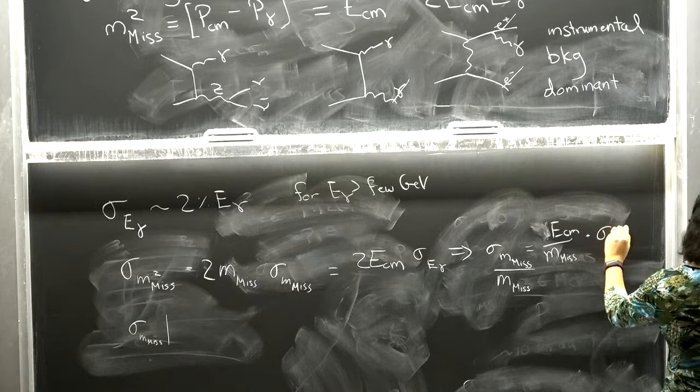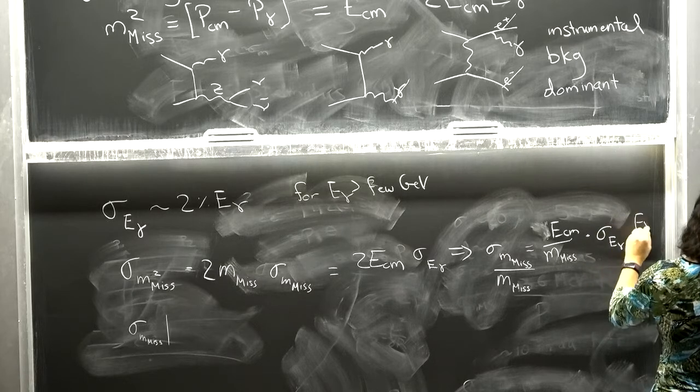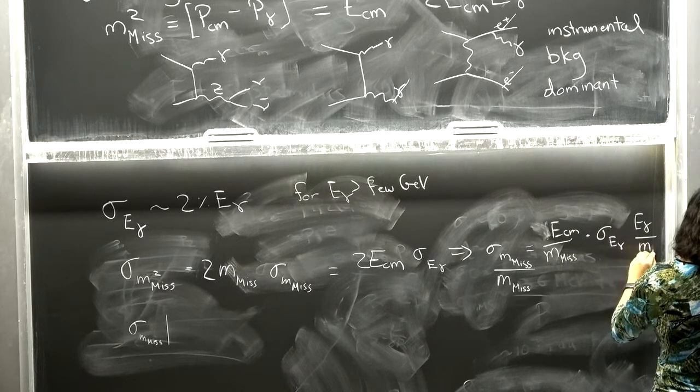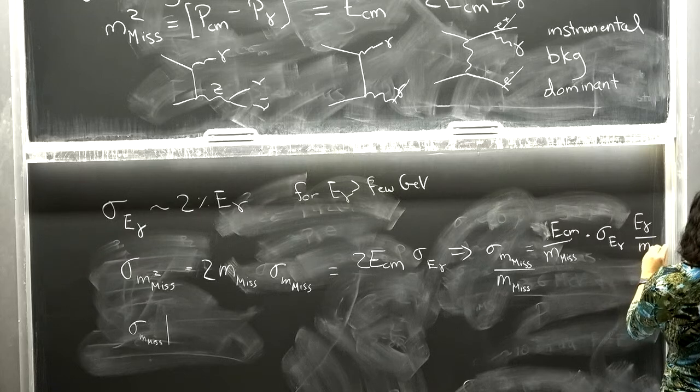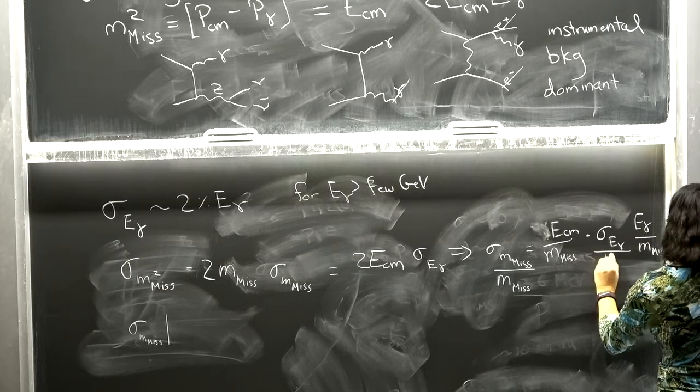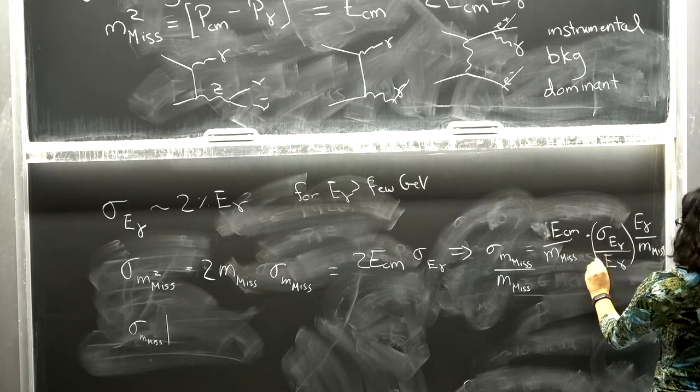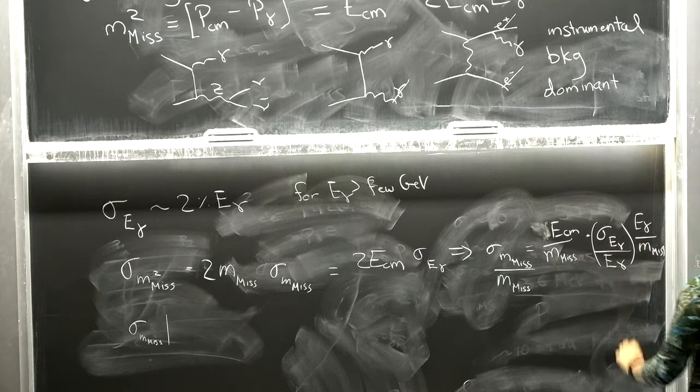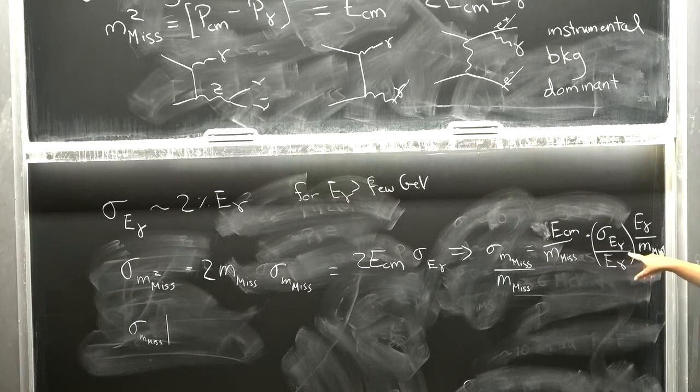Now I've got E gamma over m miss. I can write it this way: E gamma over m miss, sigma E gamma over E gamma. So this is a few percent. These are both large factors. In fact, you can just see for small missing masses that E gamma should be of order ECM over 2.